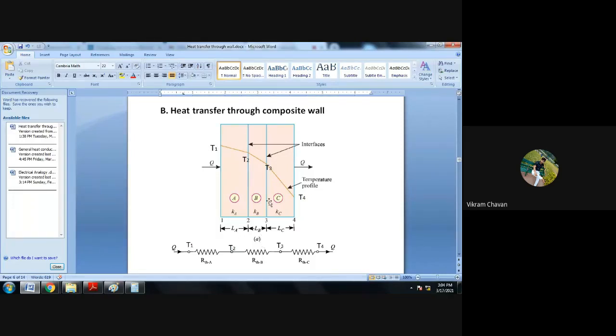RTHB is the thermal resistance for heat flow through wall B, and RTHC is the thermal resistance for the heat flow through wall C. Everyone draw this diagram.